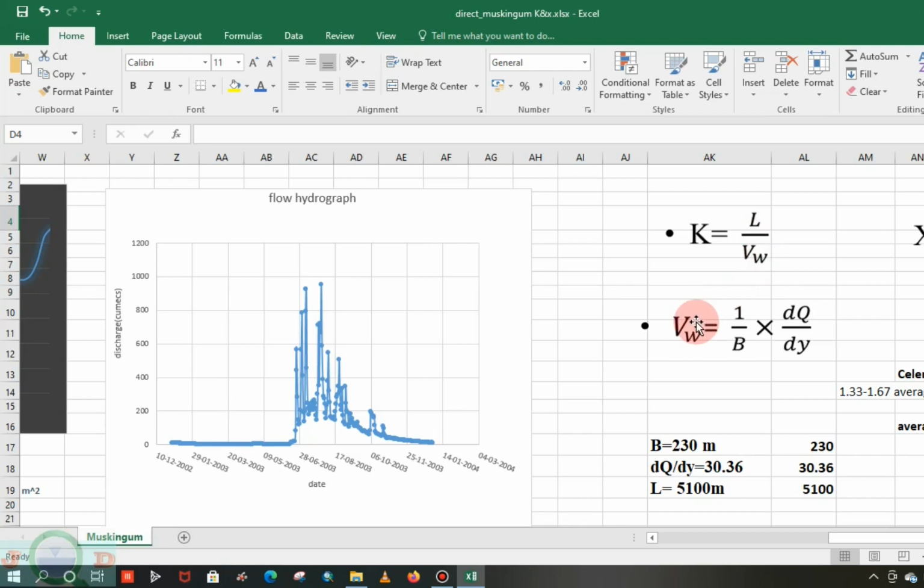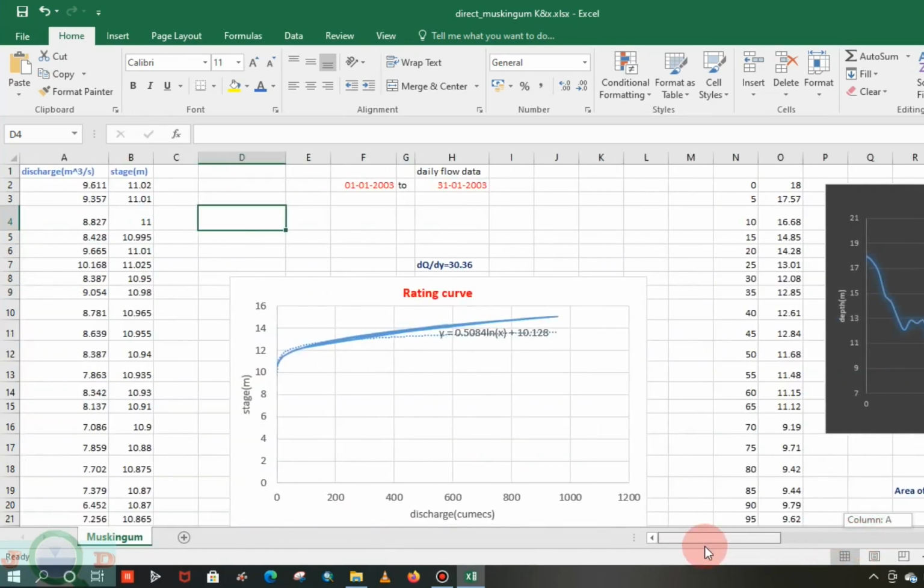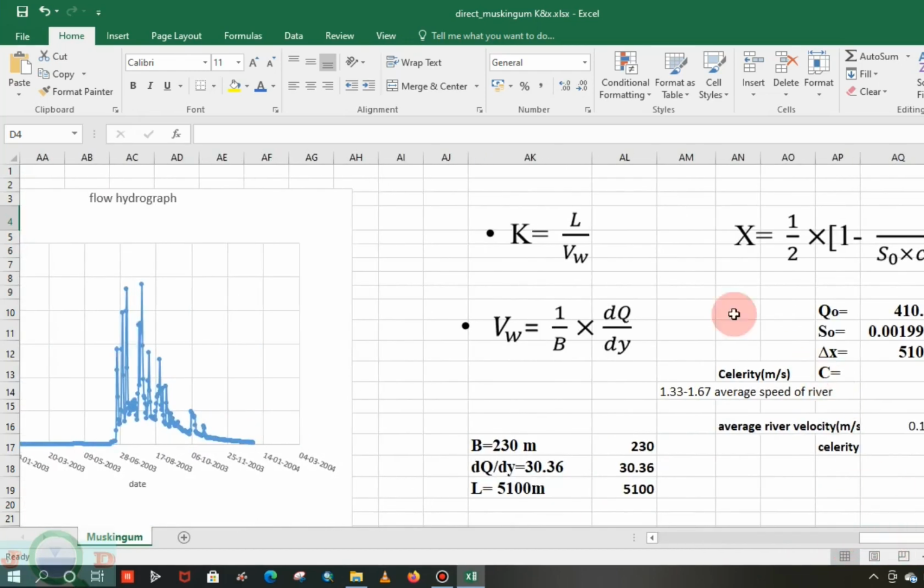For that we have the equation 1 upon V into dQ by dy, where dQ by dy is already found, which is nothing but the slope of the rating curve, 30.36, and the width is the width of the channel, which is 230 meters.